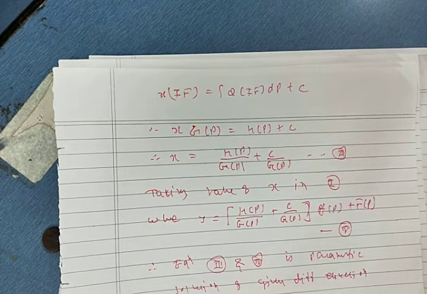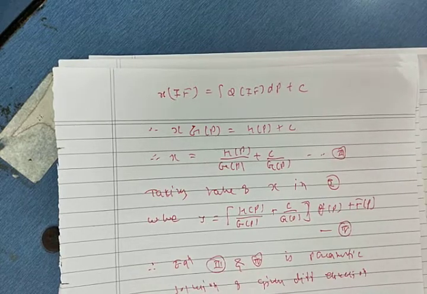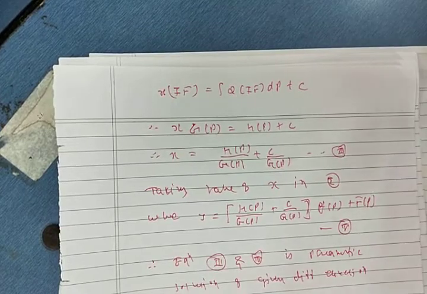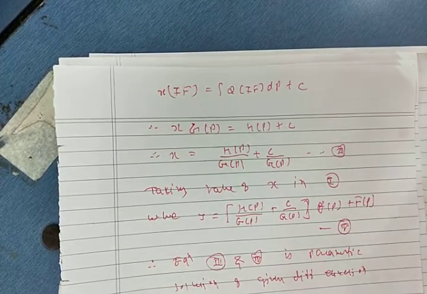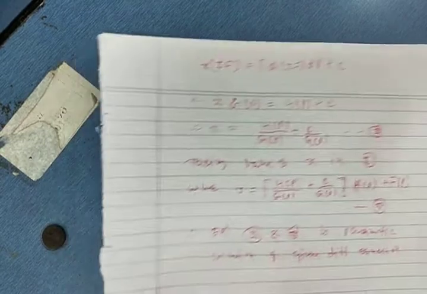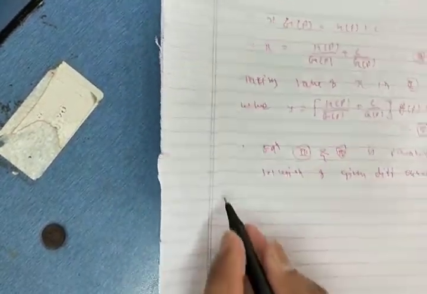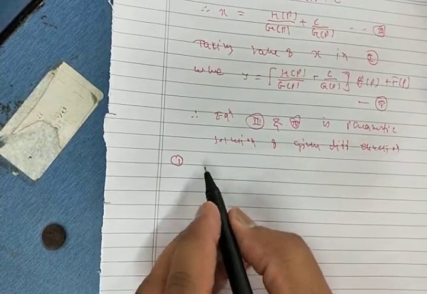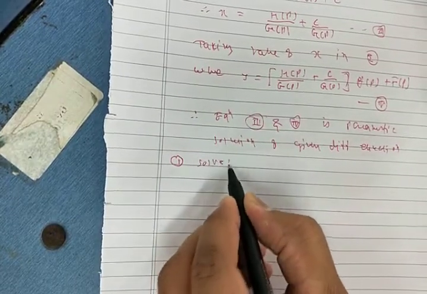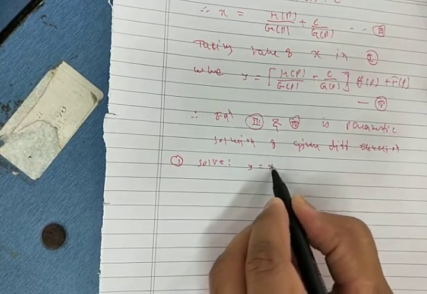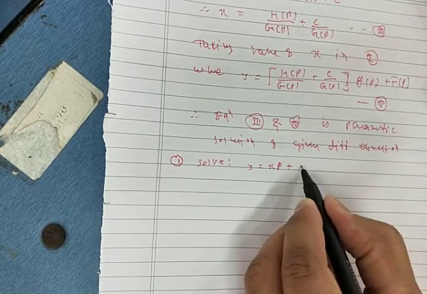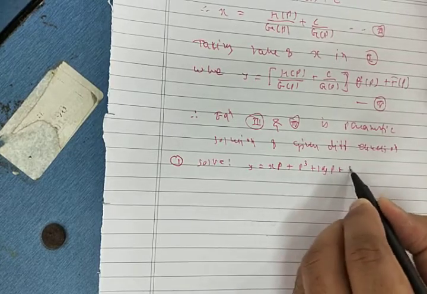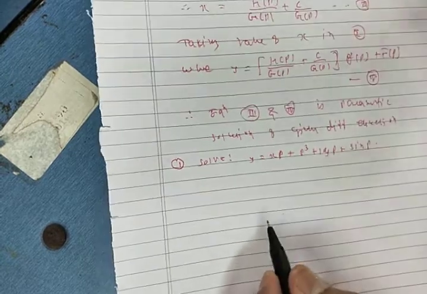Now see, let us consider some simple examples based on Clairaut's form. First example, number 1. Solve y is equal to xp plus p cube plus log p plus sin p.